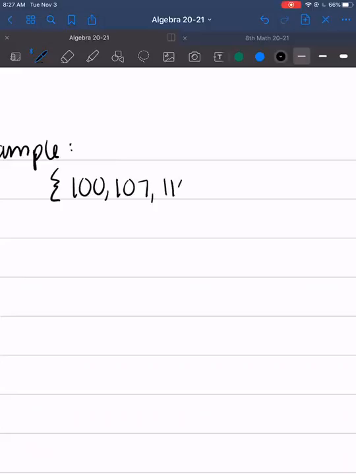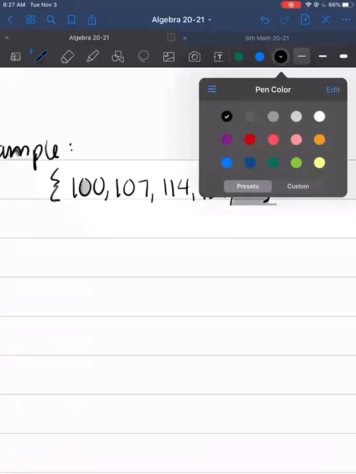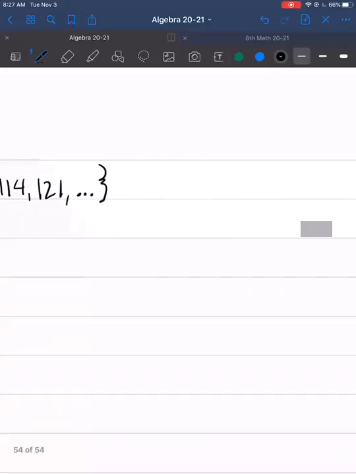There's the little bracket thing. So that's our sequence. Our problem is to find the 10th term.